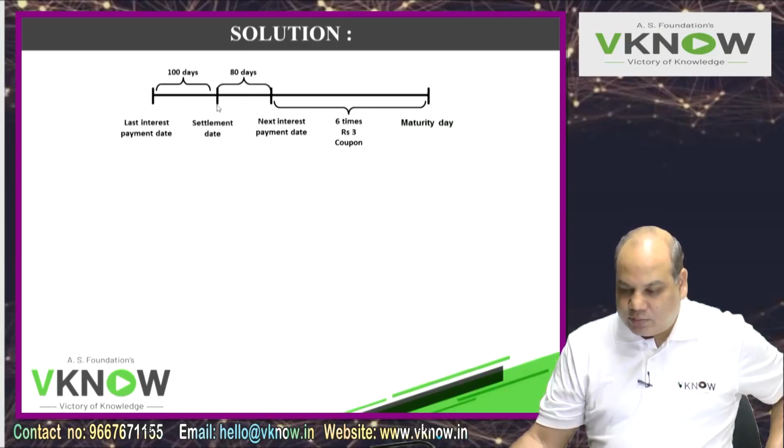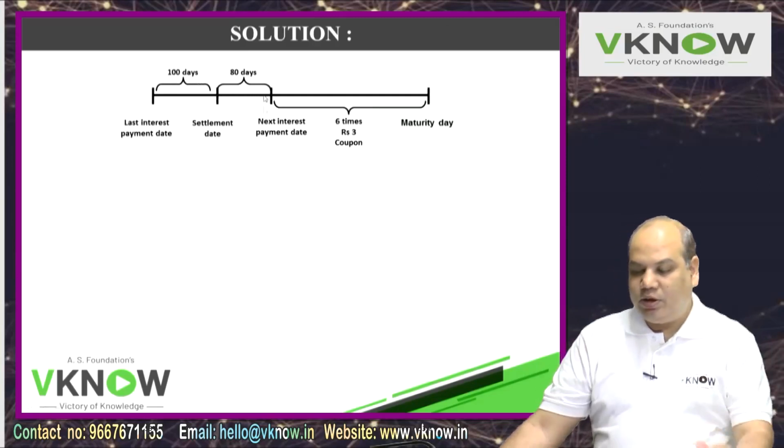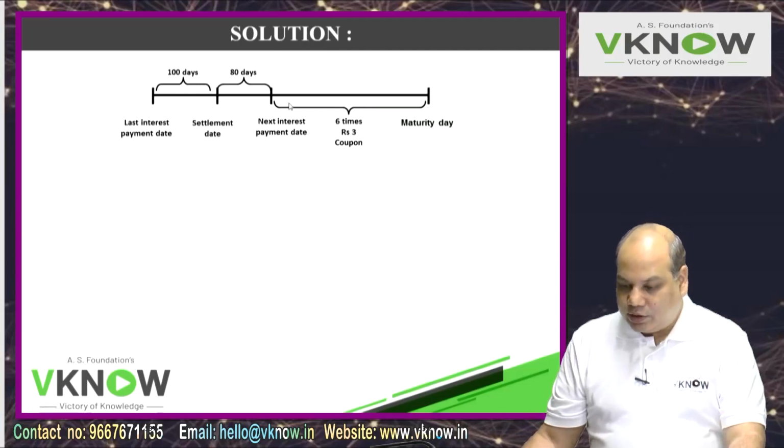This is the settlement date. This is the next interest payment date. Between last interest payment date and settlement date, there are 100 days. So interest has accrued for 100 days. And between settlement date and next interest payment date, we have 80 days left.